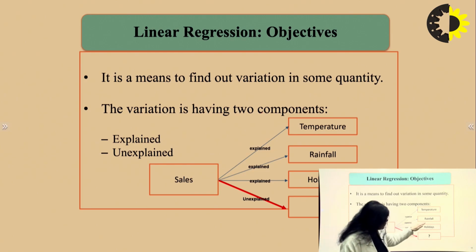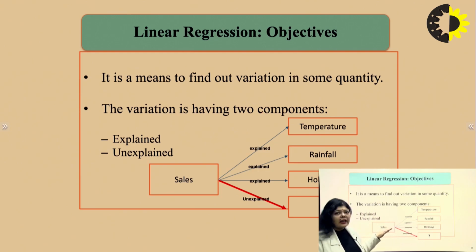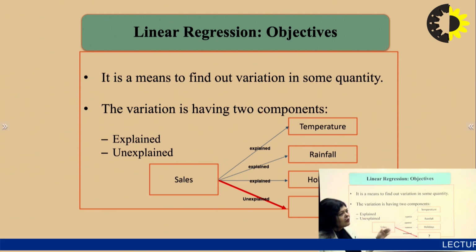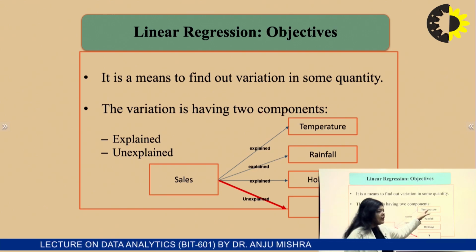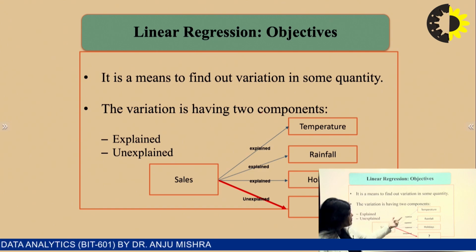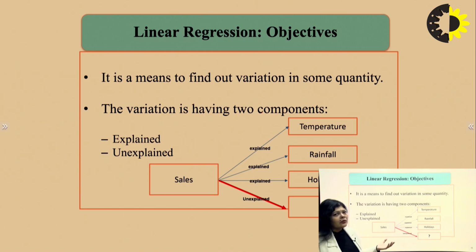Similarly, if I have the rainfall data, again this is the explained parameter or factor here, because I have thought that rainfall in some way is going to impact the variation in sales. Similarly, I could think that temperature is also an important factor that can impact the sales value. So all these factors which I can think of for a particular dependent variable come under the explained factors.